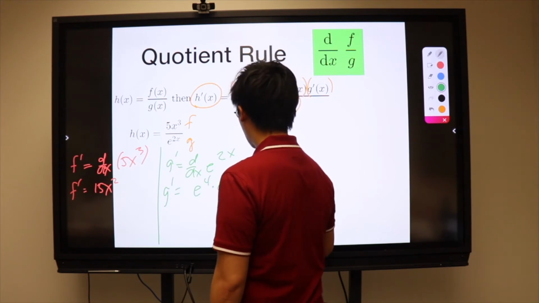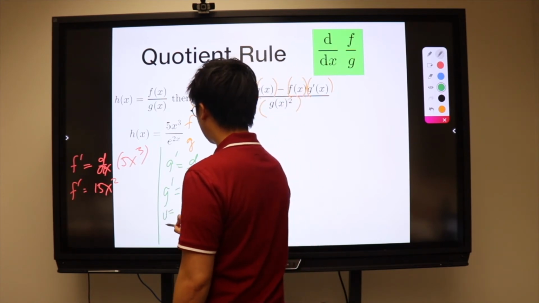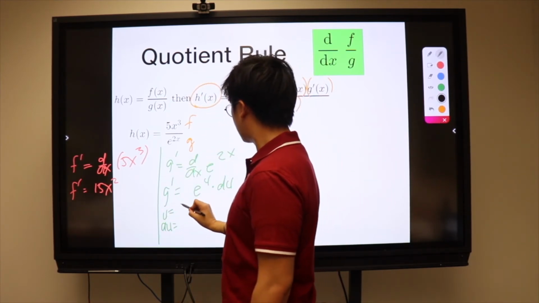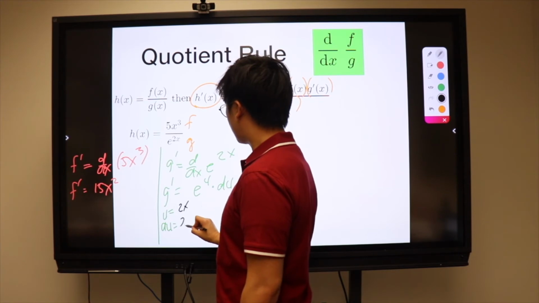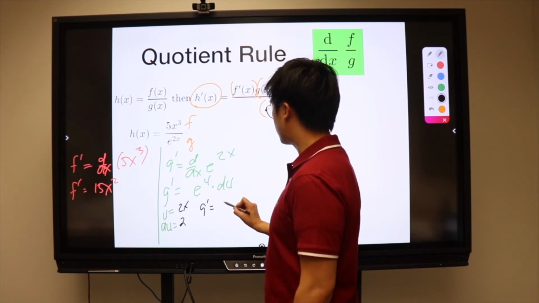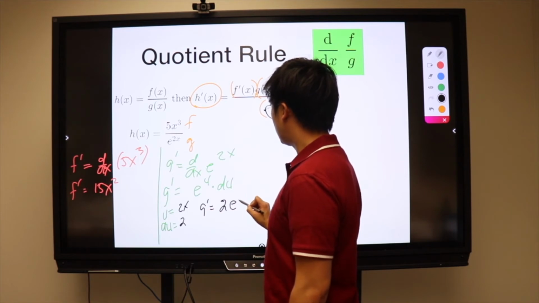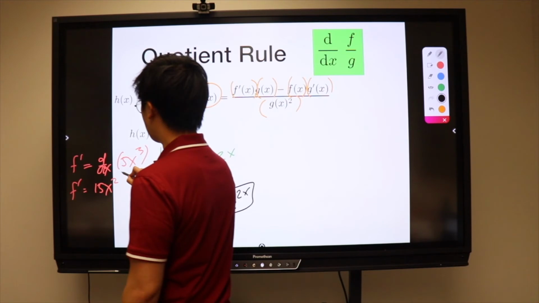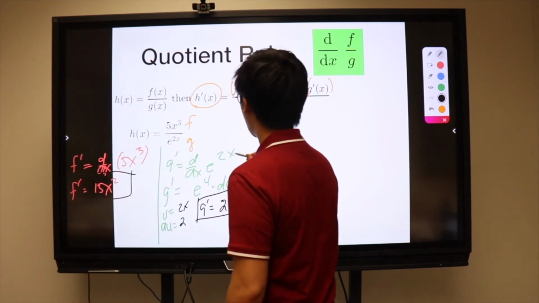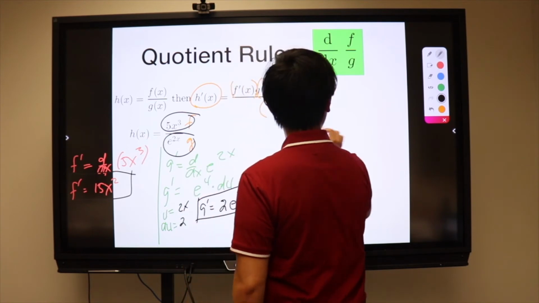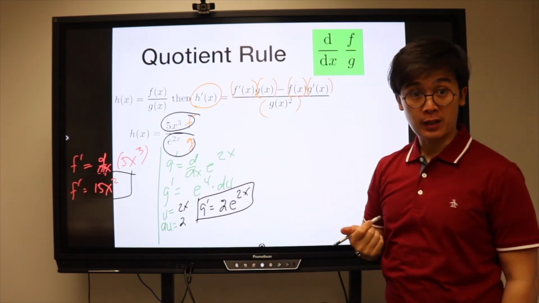I need to have my u and my du. My u is 2x, my du is 2. Put them together, g prime is 2e to the 2x. I have my g prime, I have my f prime, I have my f and my g.